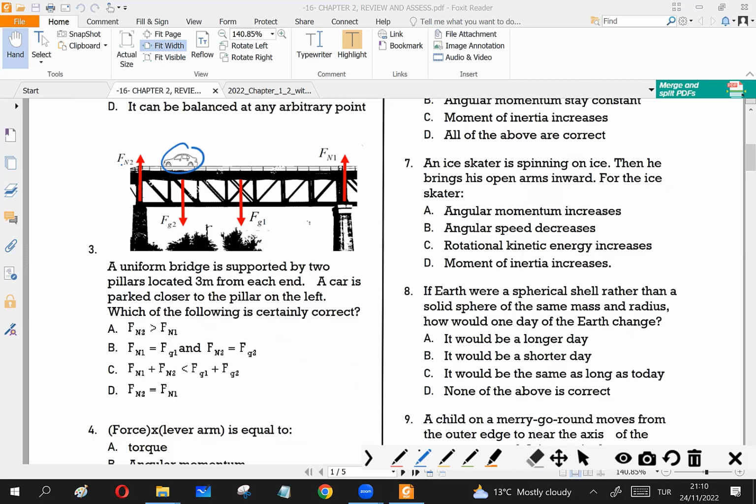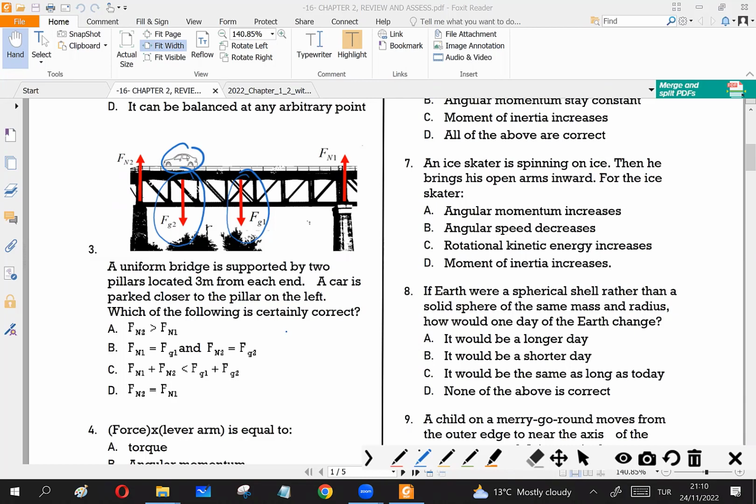Now, as you see, there are 4 forces acting on the bridge. 2 of them are reaction forces by the pillars, Fn1 and Fn2. The other 2 forces are gravitational forces, weights. One of them is the weight of the bridge. The other one is the weight of the car. And this bridge is balanced, which means the net force acting on this bridge is going to be 0.